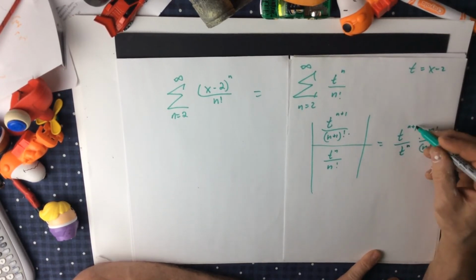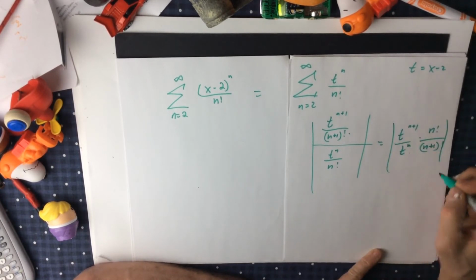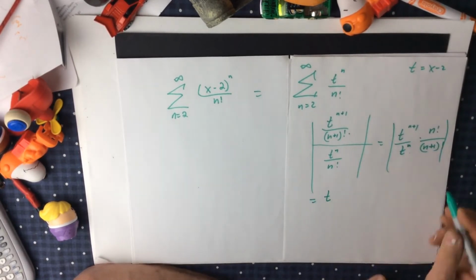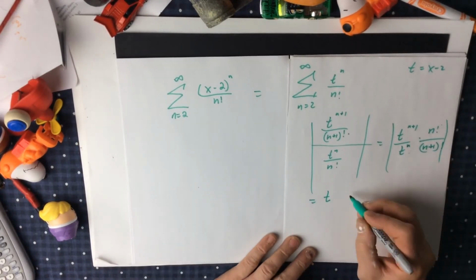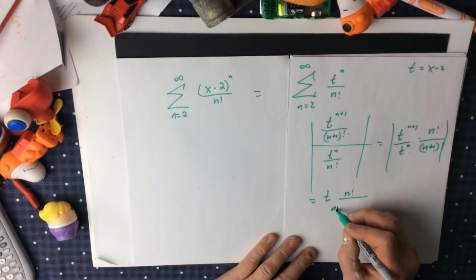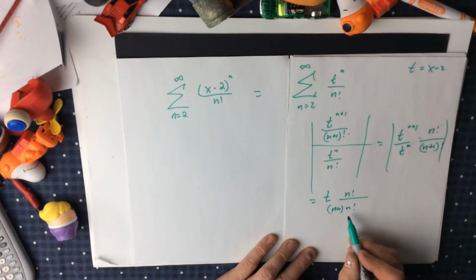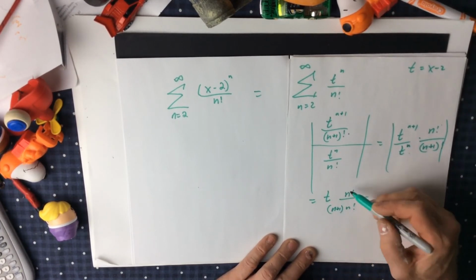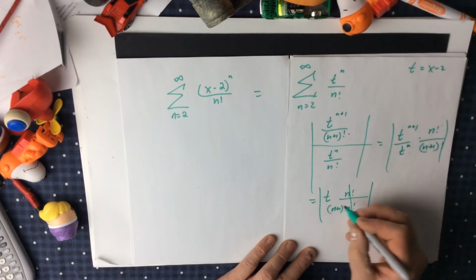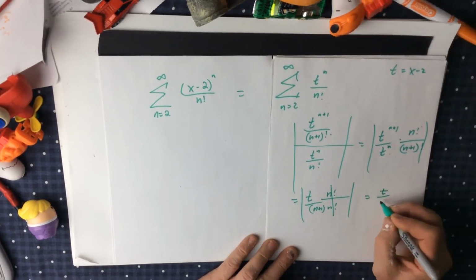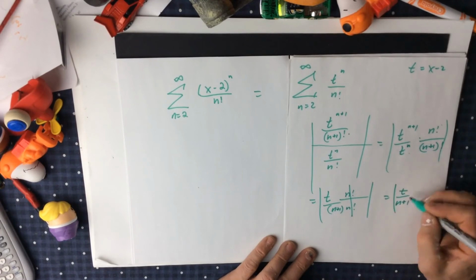And t to the n plus 1 over t to the n produces a t, and n factorial over n plus 1 factorial, just so you see it. With n plus 1 factorial, always take one of the n plus 1's off. What's left, it goes away. And so we get t over n plus 1.